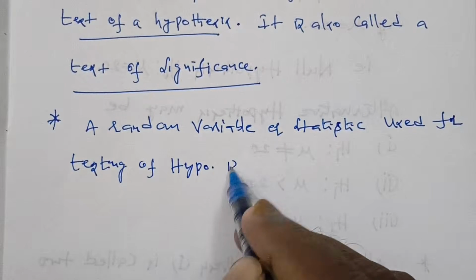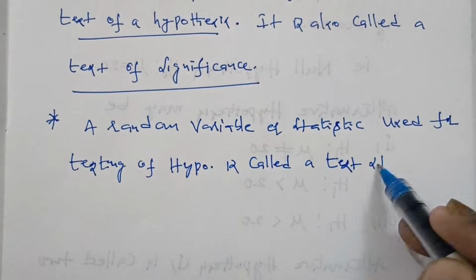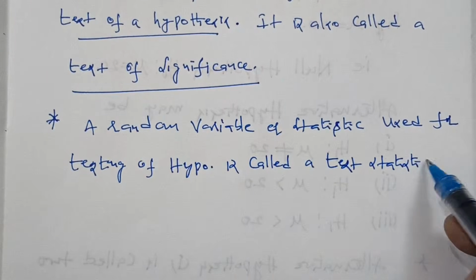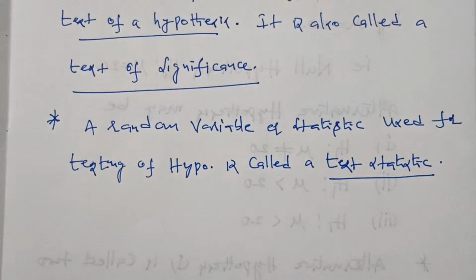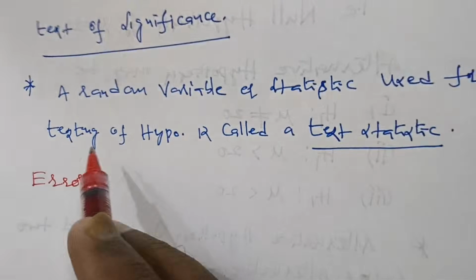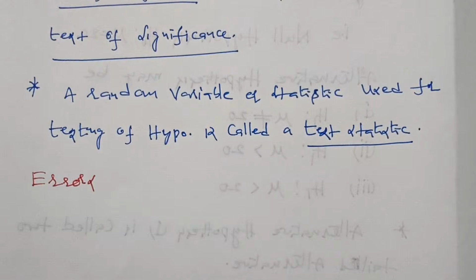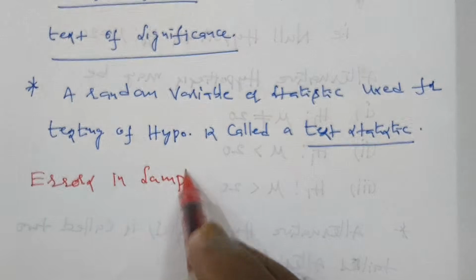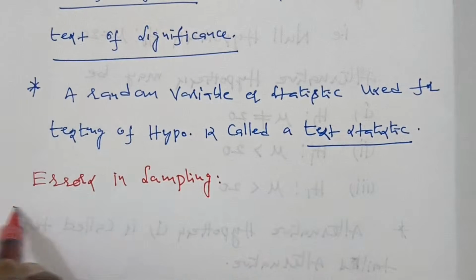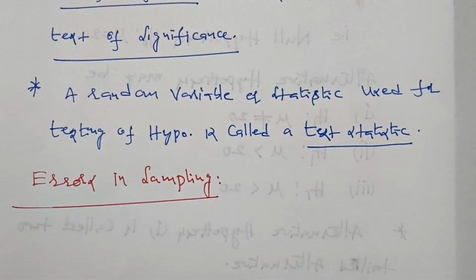And one more definition: a random variable or a statistic used for testing of hypothesis is called a test statistic. Test statistic is generally known as a formula used for testing of hypothesis.